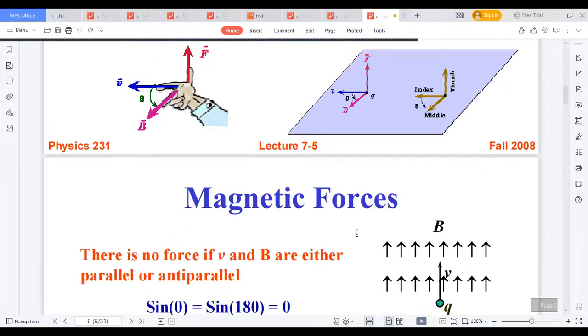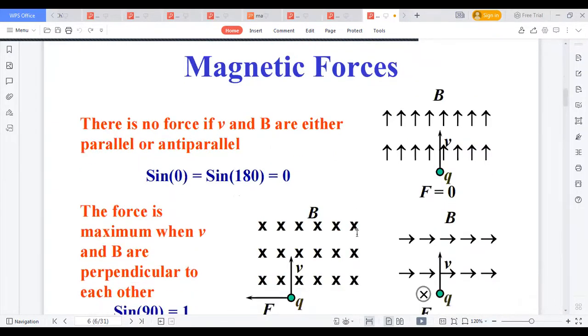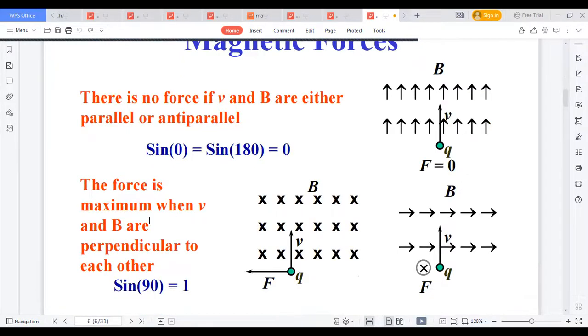So we have studied this. The magnetic force is zero when they are parallel or anti-parallel: sin 0 equals 0 and sin 180 degrees equals 0. The force is maximum when velocity v and the magnetic field are perpendicular to each other.